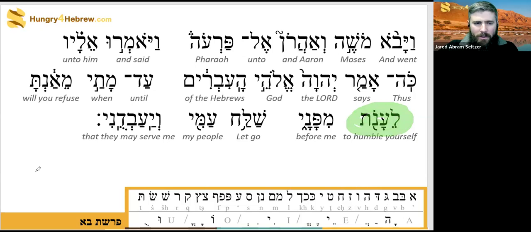The root is going to be ein nun yod. Like oni. Oni is like affliction. And then le'anot, this tsere right here, probably comes from le'anot.